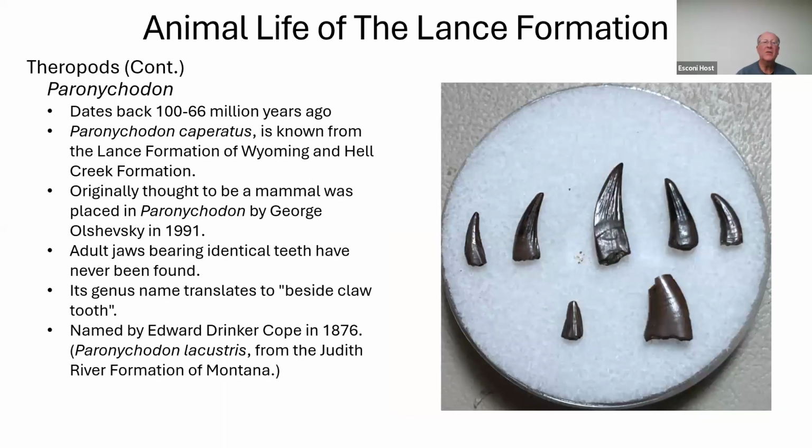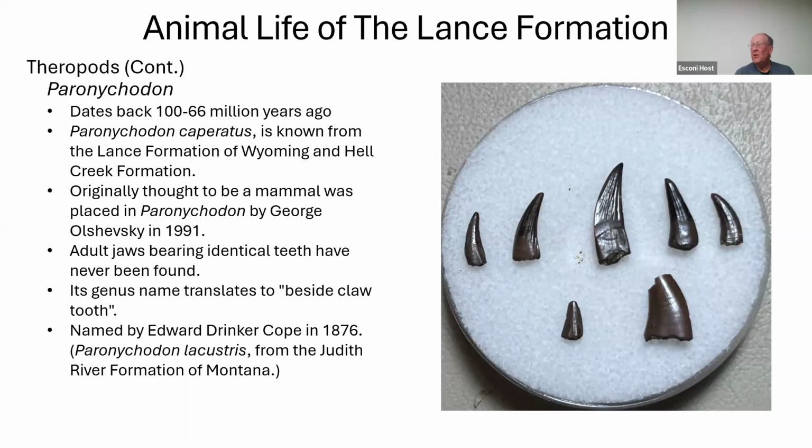Next of our theropods is the Paronychodon. I was saying it right a couple hours ago. I have a problem with Latin, thank you. This theropod dates back to 100 to 66 million years ago. It is known to be in the Lance Formation of Wyoming and Hell Creek Formation.